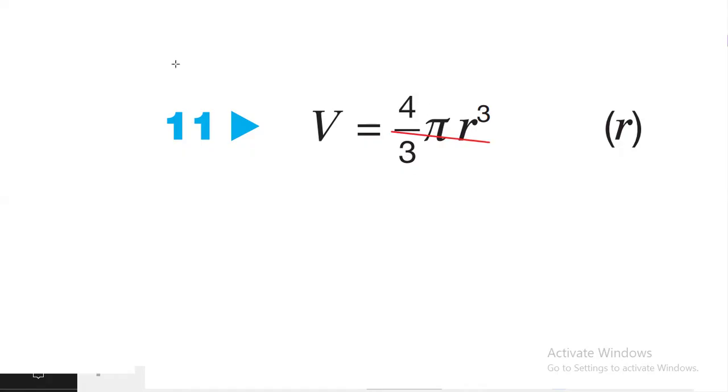So when I rewrite the formula again, it's going to look like this. V equals 4 multiplied by pi r power of 3, and all of them divided by 3, like this. So rewriting the formula like this will help me solve it in an easy way. So this is the pi here, okay?